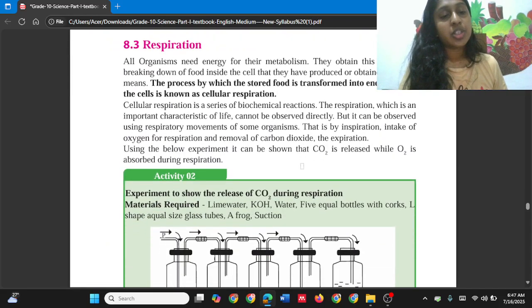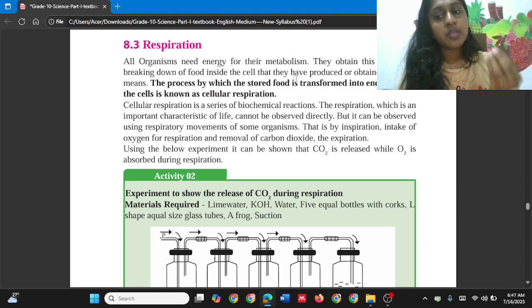Then respiration. Third one, all organisms need energy for their metabolism. Respiration is the energy producing method. In simple words, it is a method which we use to produce energy. So it is the vice versa of photosynthesis.